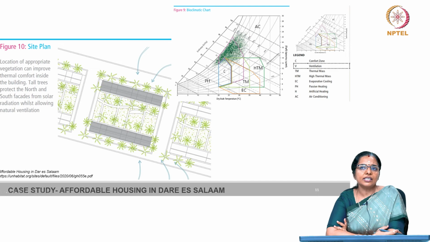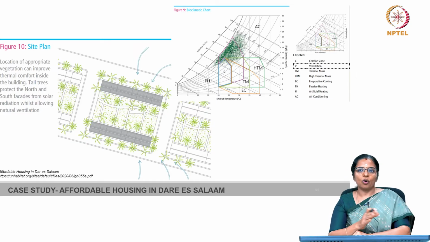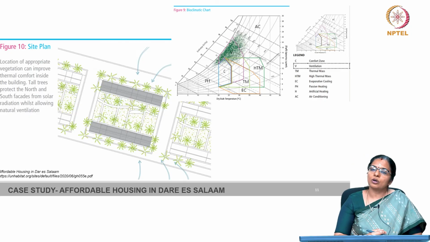So, to enhance indoor thermal comfort, it is recommended to adopt cross ventilation, because in climates where humidity is high and temperature is also very high, the sweat on the body has to be taken away. Otherwise, it causes a lot of discomfort.